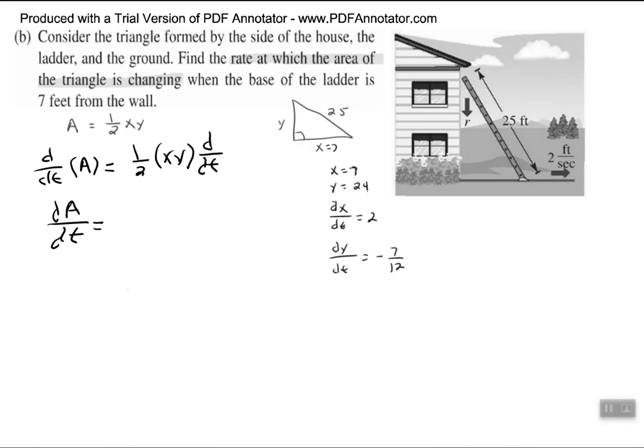On the right hand side, we have to use our product rule. So we have to find the first times the derivative of the second plus the second times the derivative of the first. So x, the first, times the derivative of y with respect to t, so dy dt, plus the second, y, times the derivative of x with respect to t, so dx dt.